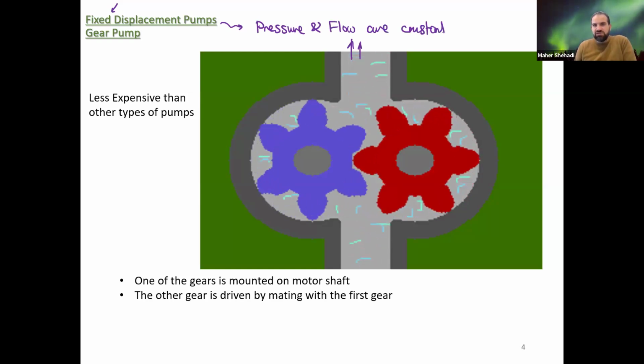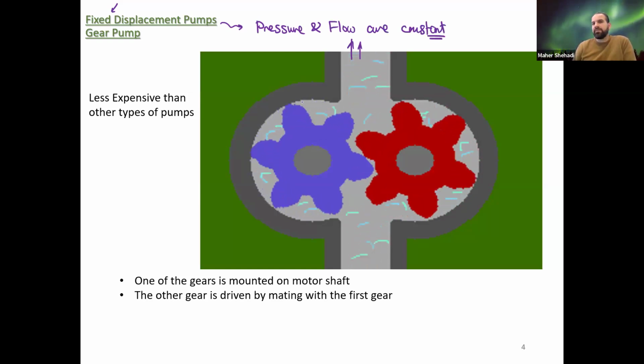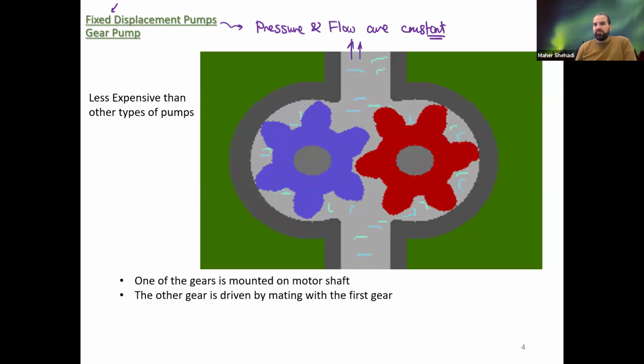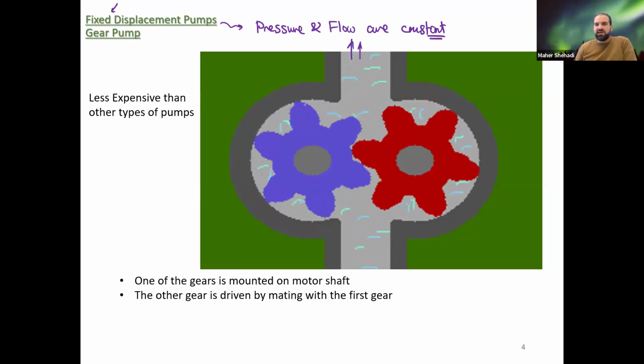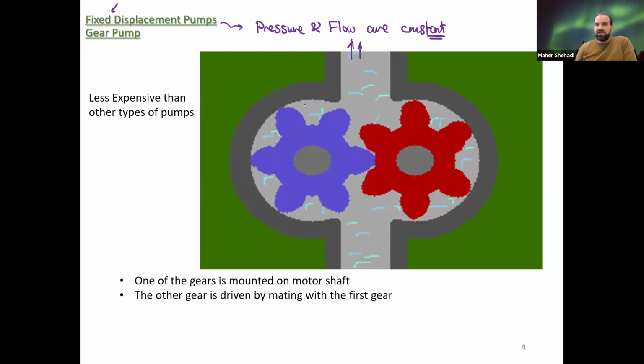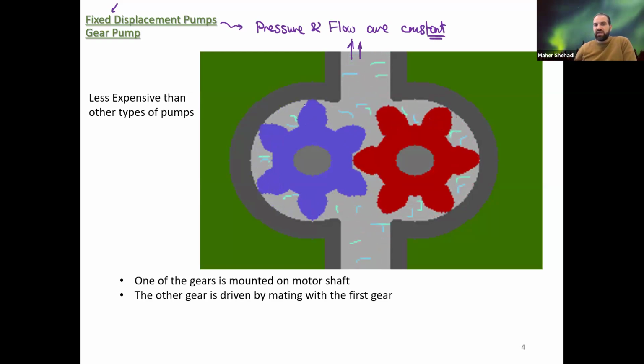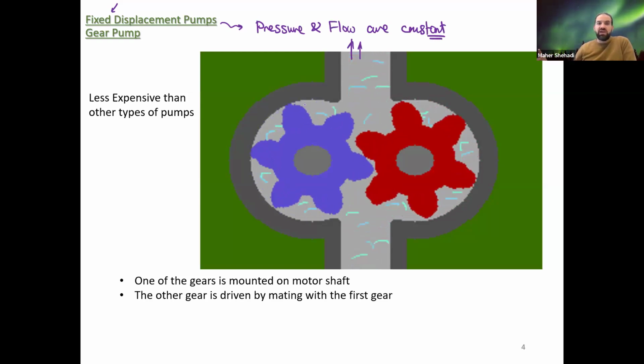They don't change. If you buy a pump that has, let's say, 15 psi and 5 gallons per minute, that's it. Even if the load is changing, you can't change that.